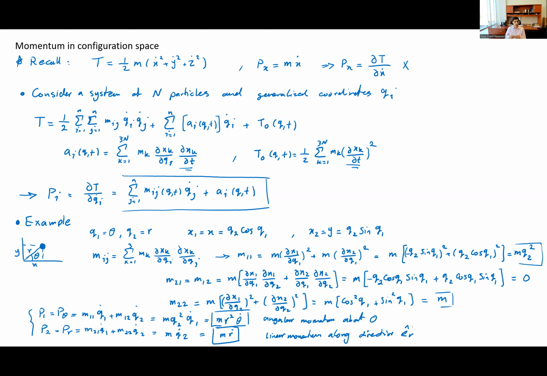So you can see, again, as before, these momenta about or along generalized directions often have quite physical meaning. And they are the momenta about or along those directions.